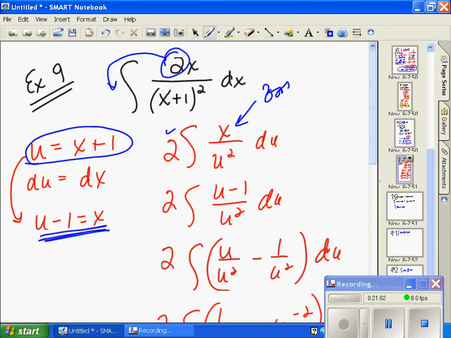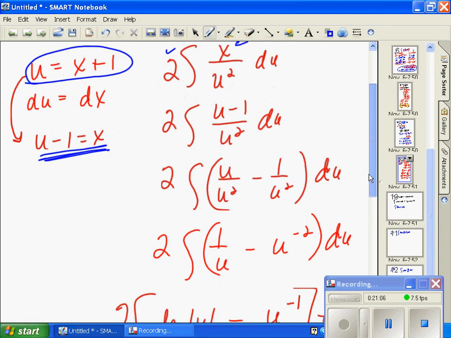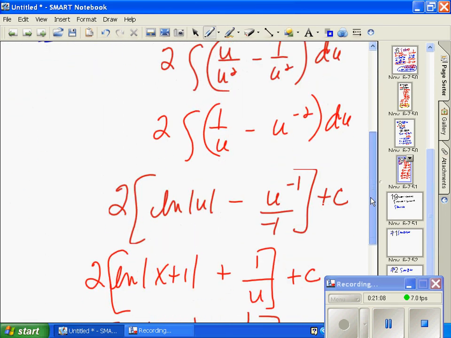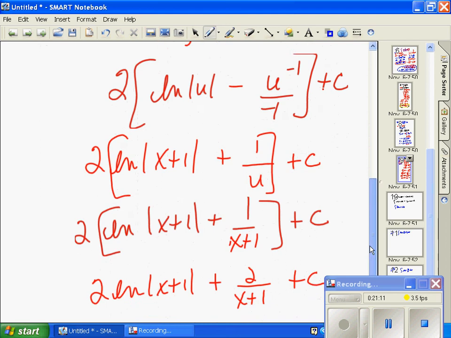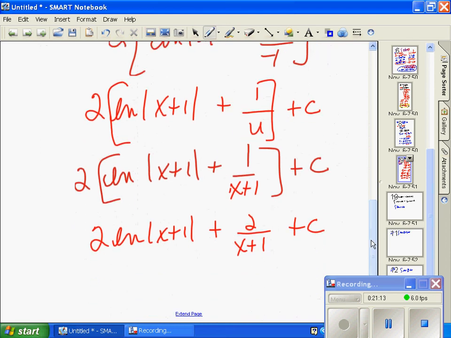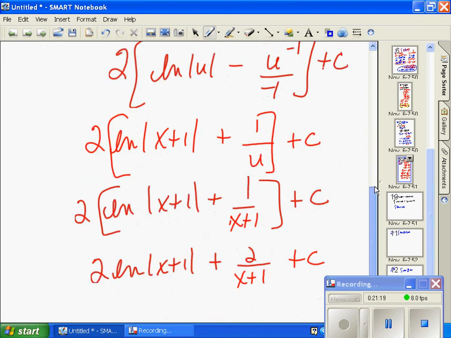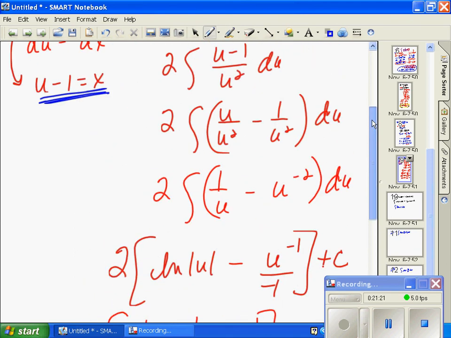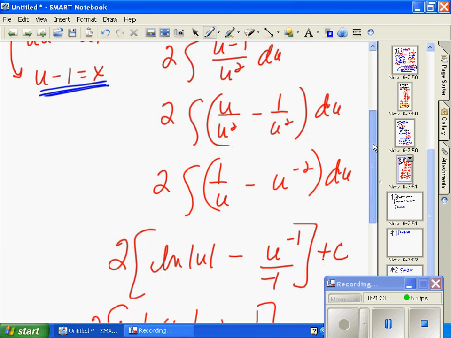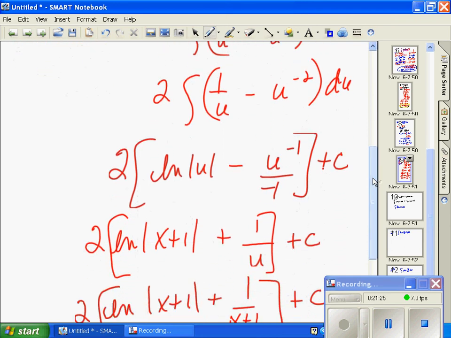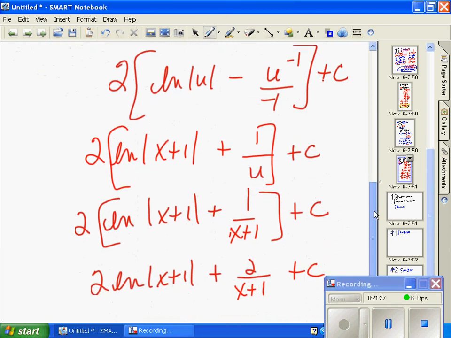X is the same as u minus 1, and substitute that in. So I separated the fraction and then did my antiderivative, and I got 2 times the natural log of x plus 1 plus 2 over x plus 1 plus c. So let me go back and show my work there a little bit. You can pause this if you need to. And there's the final answer.